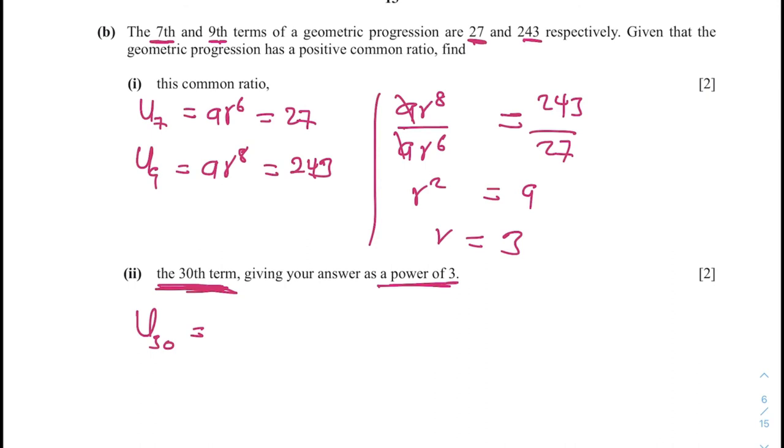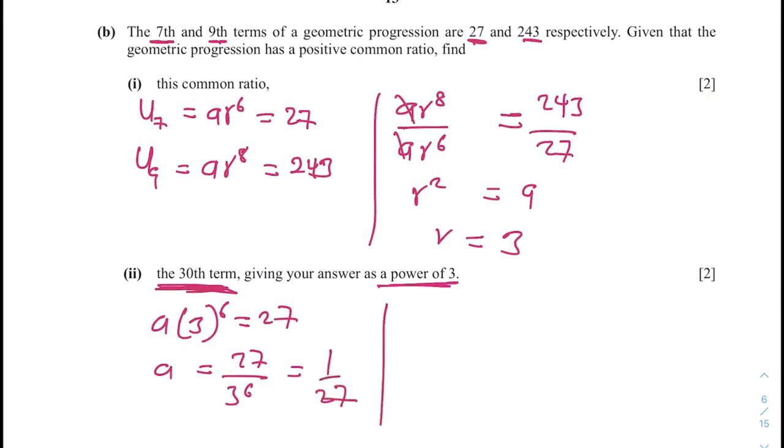So let me find the first term before we continue solving the question. So we have r is 3. So we have this equals 27. So we can have a is equal to 27 over 3 to the power 6. And that will be a very not nice number. So that's 1 over 27.